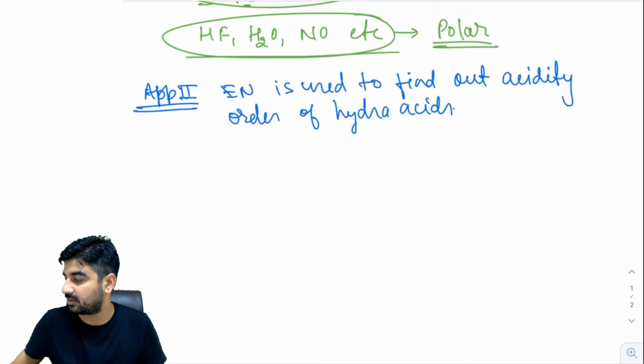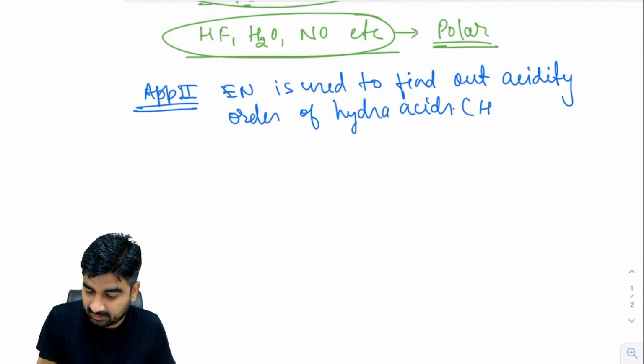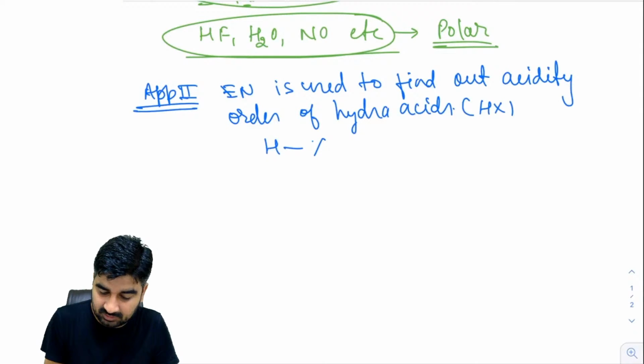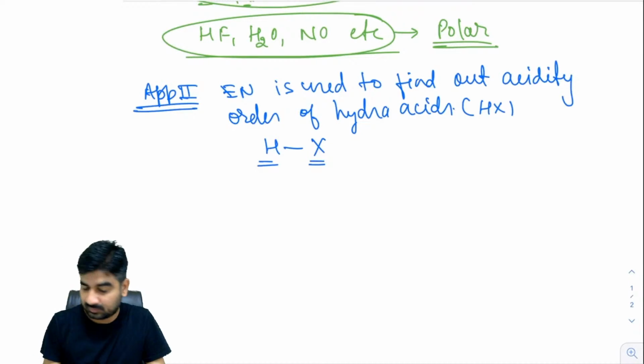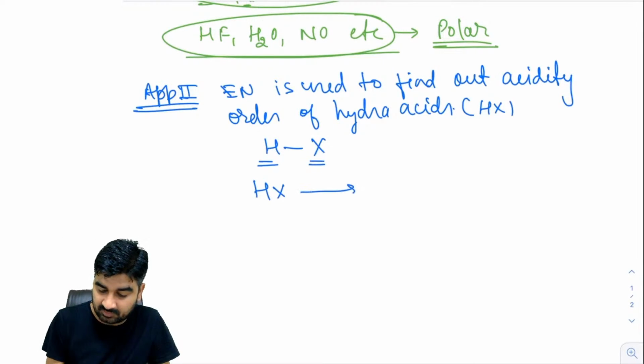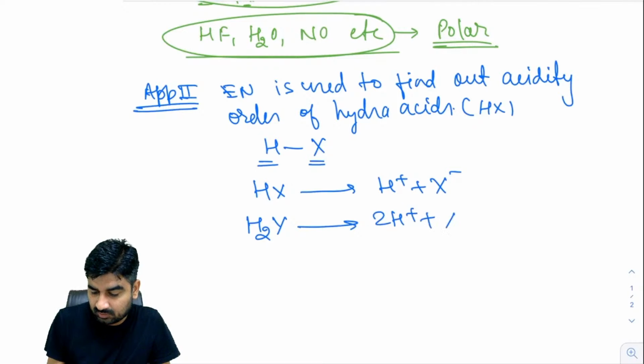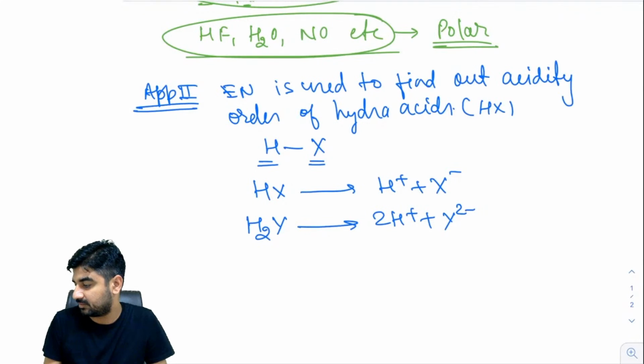Now what are hydracids? HX. These are acids which contain hydrogen and another element, and they can give you H plus. If I say HX, it will give you H plus and X minus. H2Y will give you 2H plus and Y2 minus. These are hydracids.